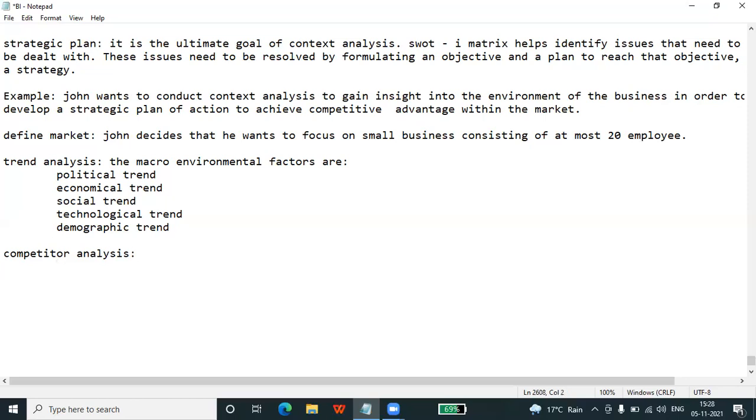In this, we have competition level. Then we have competitive forces. Then competitive behavior. Then competitive strategy.